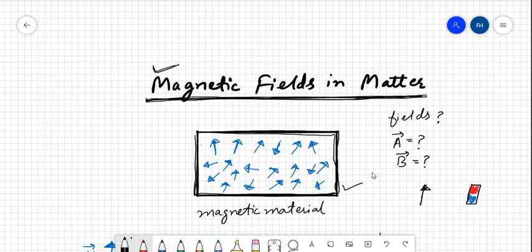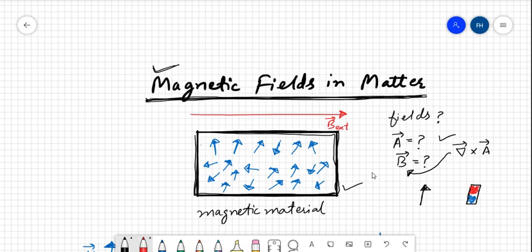So this is my goal: finding the vector potential, and from the vector potential I can take the curl to get my magnetic field. One more thing that I want to find out is, suppose I am applying an external magnetic field, B external, what will be the behavior of this magnetic material?